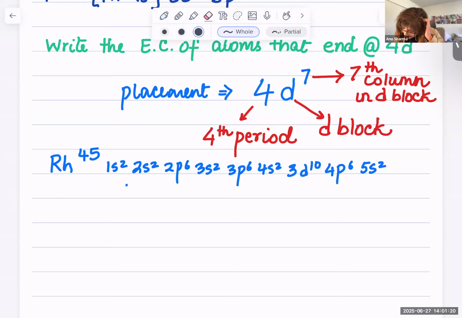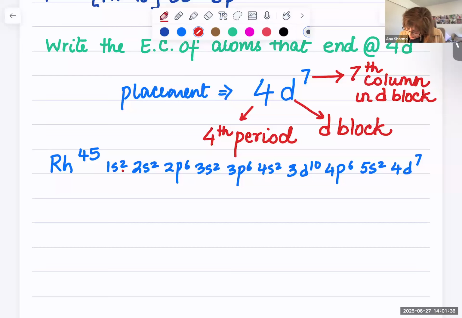Since we have reached the 4d, there's 4d10. 10 is the maximum, but we need to place only 7. So 7th column, 7.